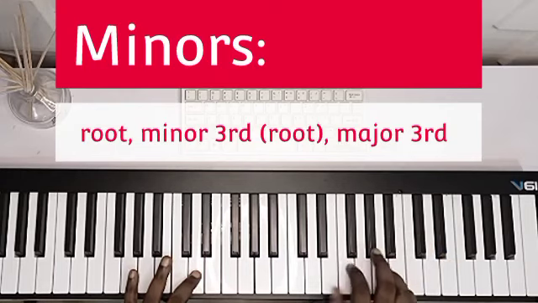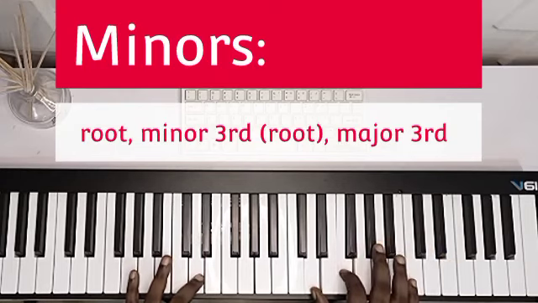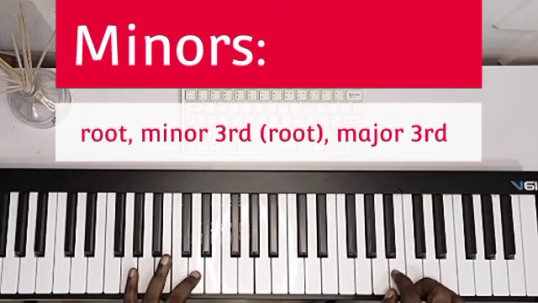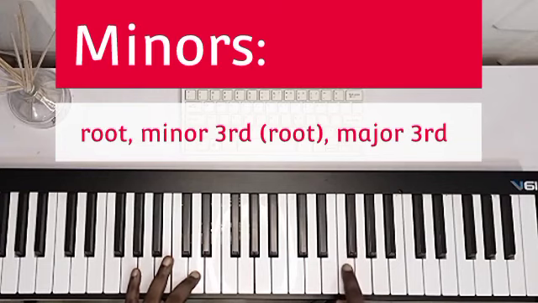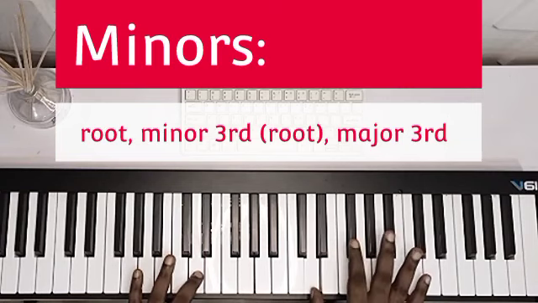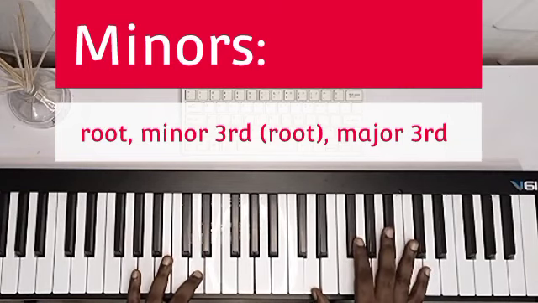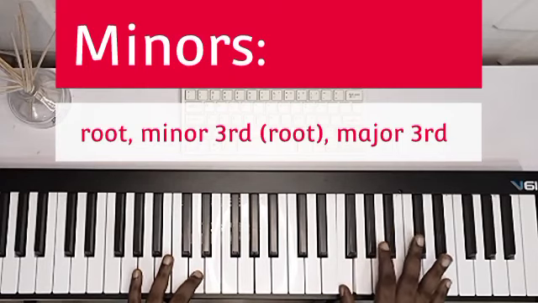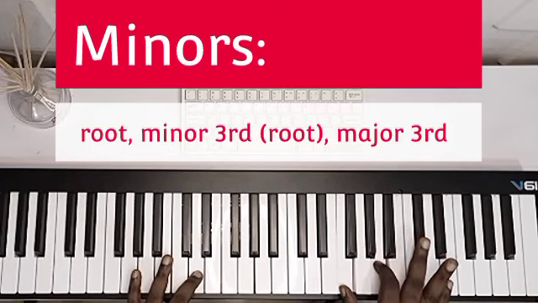See that we have root minor, because the major of D is F sharp, but this is not a part of the diatonic scale of C. I keep saying pentatonic. The diatonic scale of C. So we bring it down to the one that corresponds to C. Instead of a major third, we bring it to minor. Then when we make this the root, instead of a minor, we take it to major. 1, 2, 3, 4. See it?